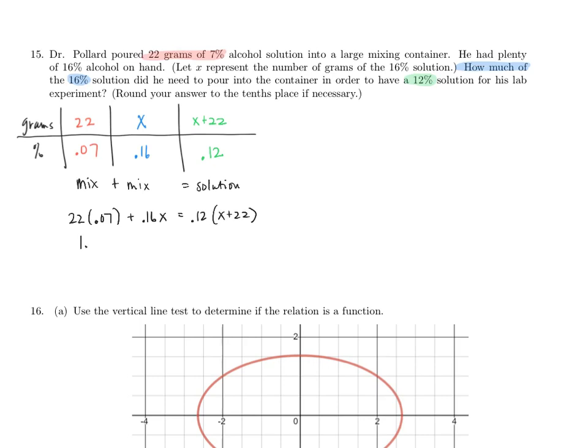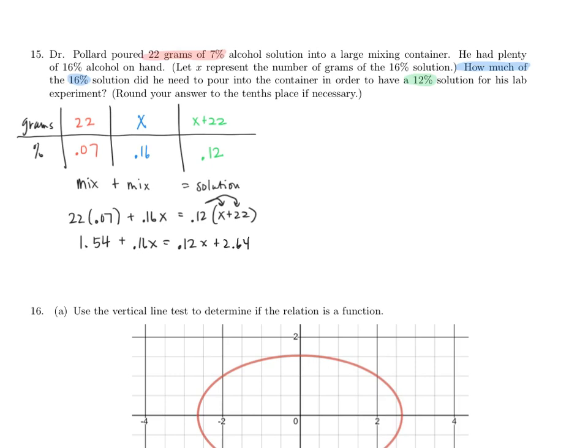Now, even though it says to round your answer to the nearest tenth, you should not round until the very end. 0.16x is equal to, we need to distribute this 0.12, so it'll be 0.12x, and then 0.12 times 22 equals 2.64. So plus 2.64. Okay, and so now we want to solve this equation.